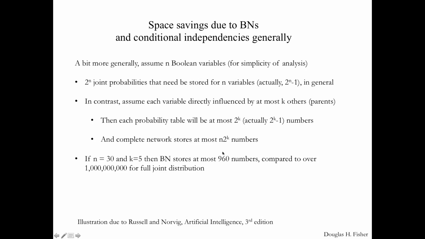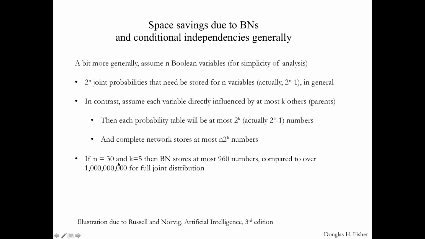And so for the complete network of all n nodes or variables, we're going to assign 2 to the k numbers to each of those nodes, because each node has k parents, and so 2 to the k conditioning patterns for its probability tables.